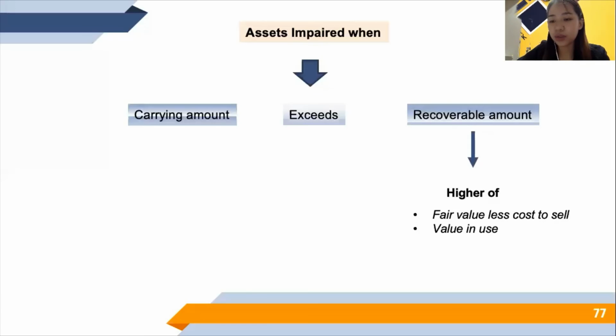Siyempre, ililess mo yung cost na na-incur mo nung binenta mo yung asset. Yung isa naman is value in use, ito naman yung mare-recover mong amount kung sakaling ginamit mo yung asset. And syempre, pipiliin mo whichever is higher.